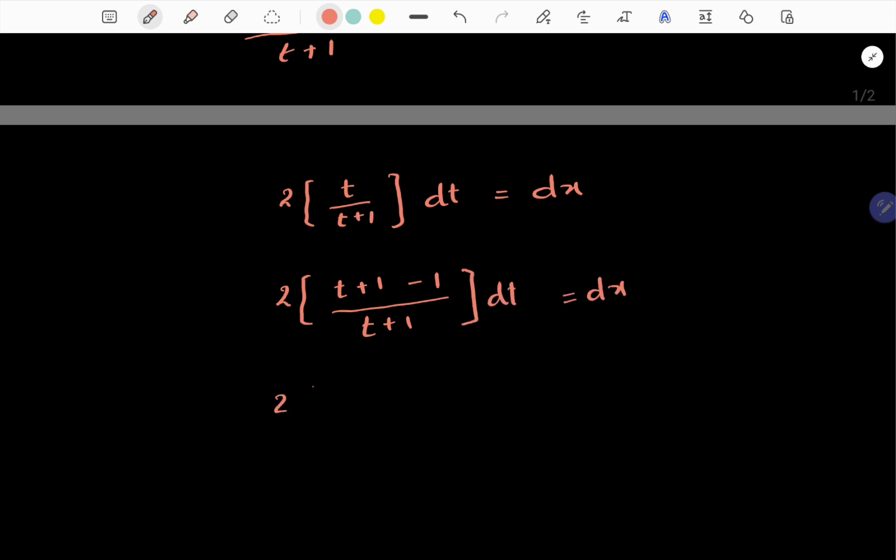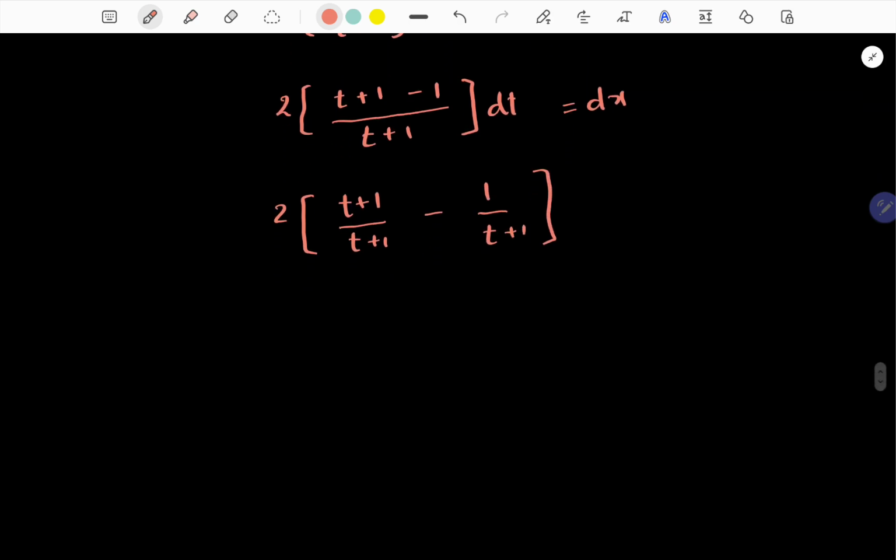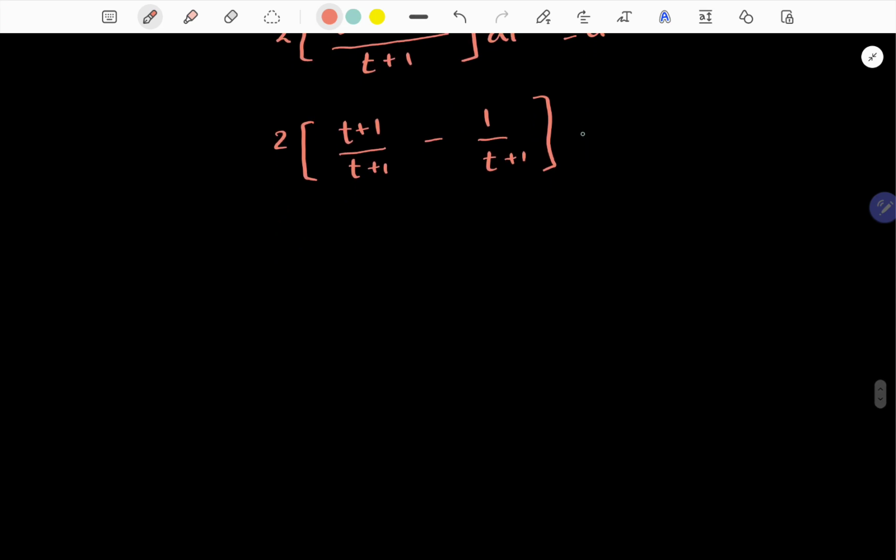If we separate, it is t plus 1 over t plus 1 minus 1 over t plus 1 dt equal to dx, and this is 2 times 1 minus 1 over t plus 1 dt equal to dx.